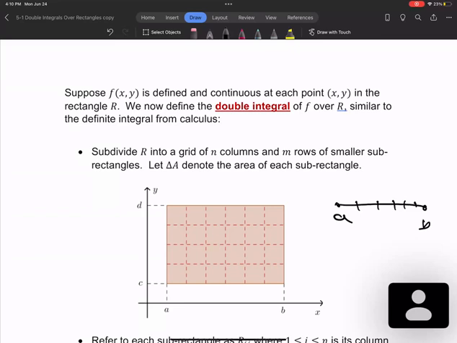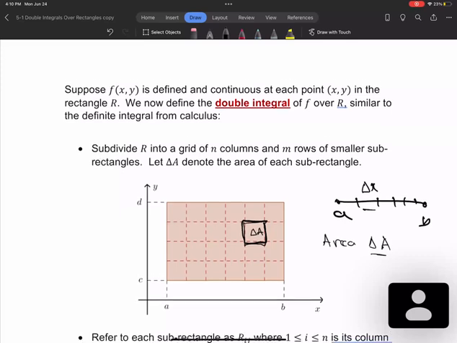What is important here is that this guy is going to be called delta A. That is the area. So instead of delta x, we need delta A because, instead of intervals, we have rectangles or squares.